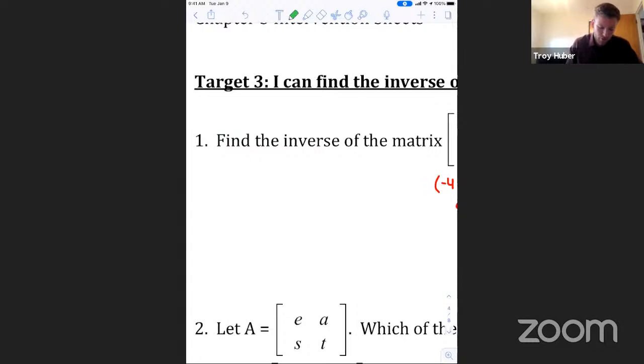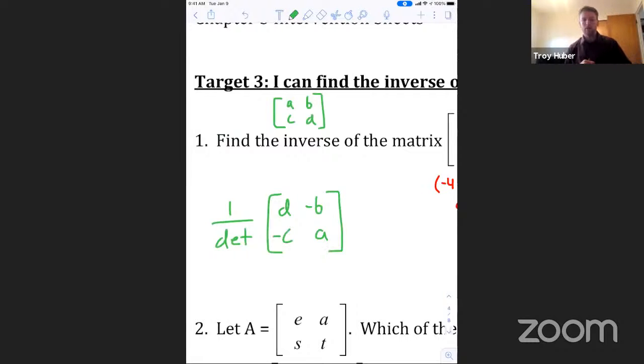Okay, so we want to do 1 over the determinant times, well, if we had the original A, B, C, D, well, now we would flip-flop A and D, right? So this would be D and this would be A. And then we have to negate B and C, minus B, minus C. So that would be how we would find our inverse on that one.